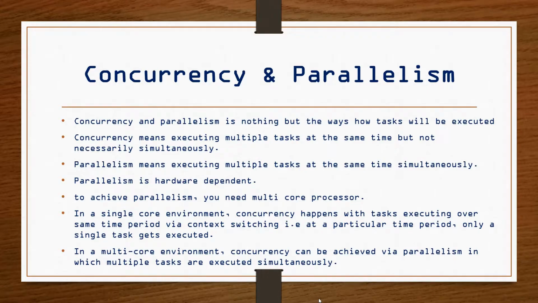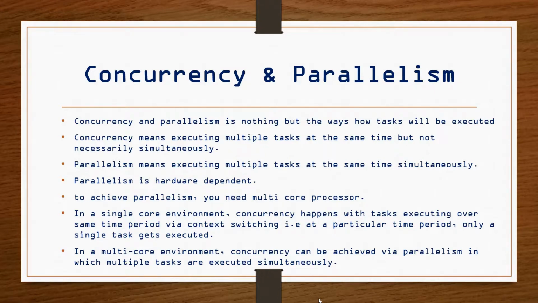These are programming models. So concurrency means executing multiple tasks at the same time, but not necessarily simultaneously. But parallelism means, as the name suggests, executing multiple tasks at the same time simultaneously.